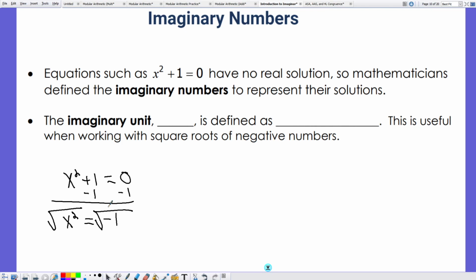So, mathematicians came up with a solution, which is the imaginary unit. We call this imaginary unit i, and i is simply defined as the square root of negative 1.